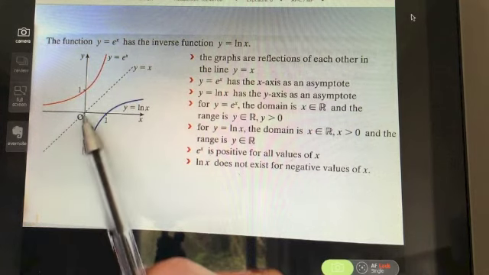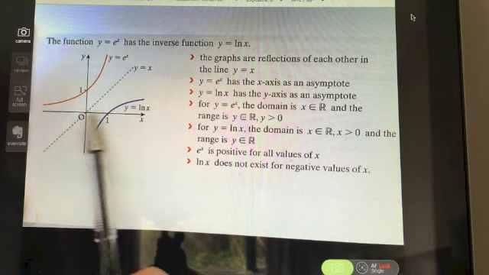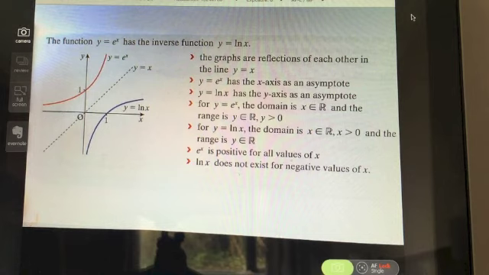You can have negative values for the outputs, but you can't have any negative values for the inputs for log in the base e. E to the power of x is positive for all values of x, but ln x does not exist for negative values of x. So there are the important points about the functions e to the x and ln x, in other words log x in the base e.